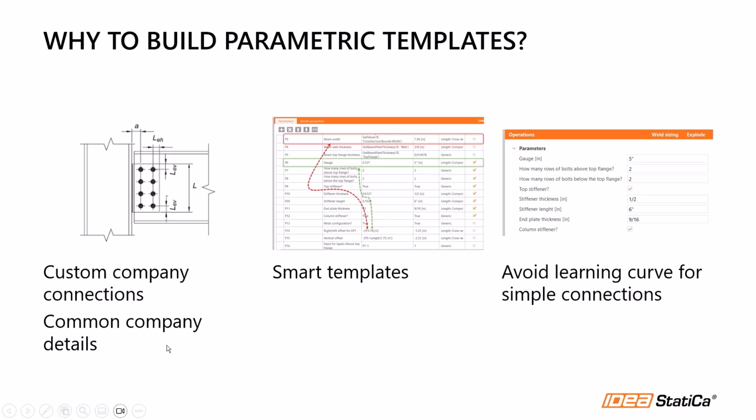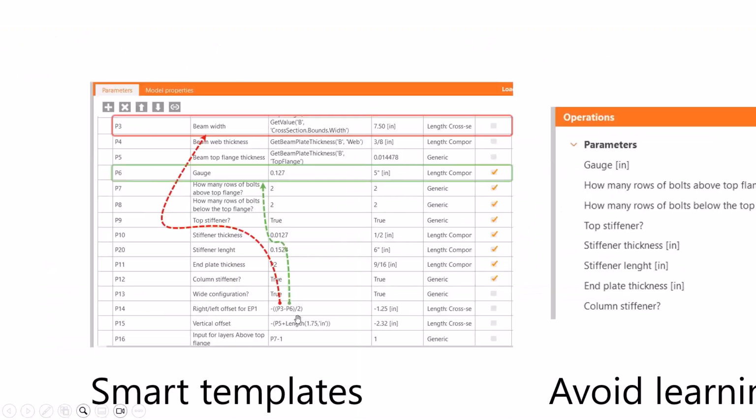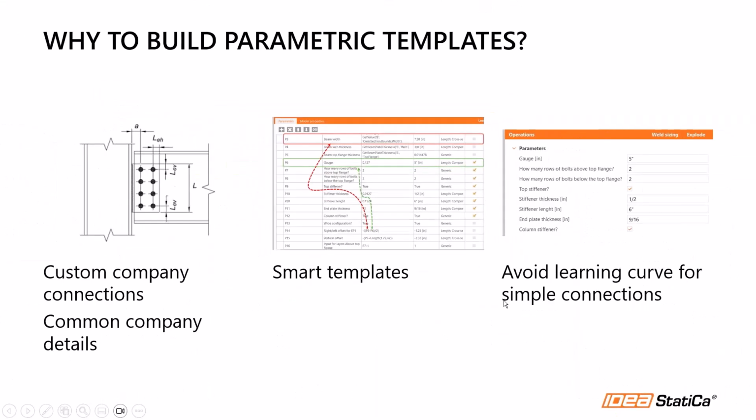So as I showed you, every time you change a parameter, this is coded, right? You can code your values here, and it's related to properties from the model or calculations that you did here in this parameters table. And finally, the third benefit is that you can avoid the modeling learning curve for simple connections for some users in your company.